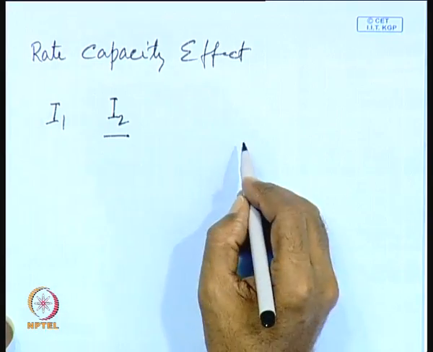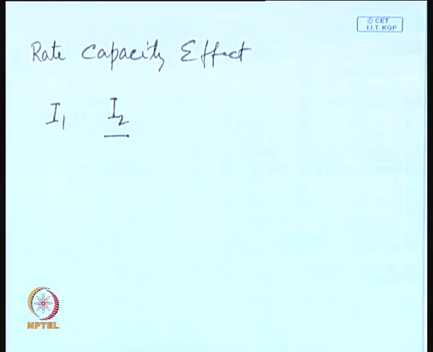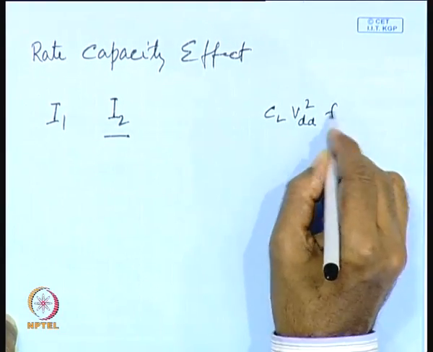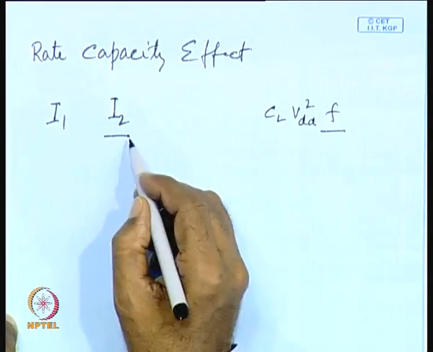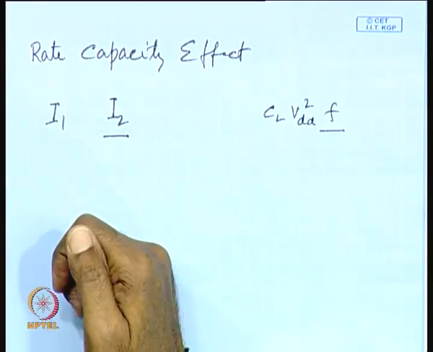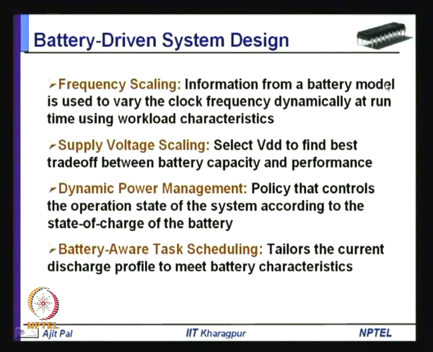As we know, based on the workload condition, you can find out what is the frequency at which a particular system can run. So, you can reduce the frequency, and as you reduce the frequency, the power requirement for the system will reduce, it will draw smaller current. We know that because power dissipation is proportional to C_L V_DD square F. So, if you reduce F, the current will decrease, and as a consequence it will give longer actual capacity. So, you can do frequency scaling.